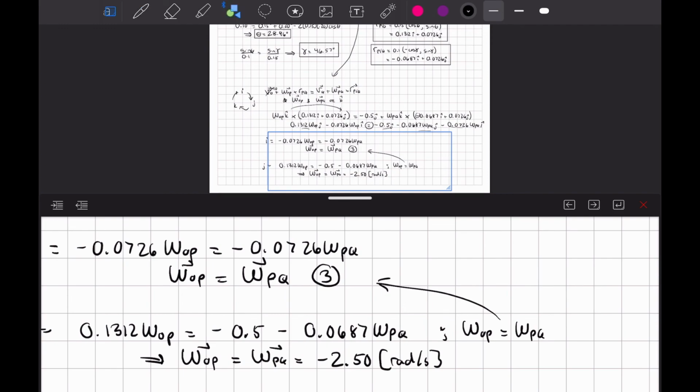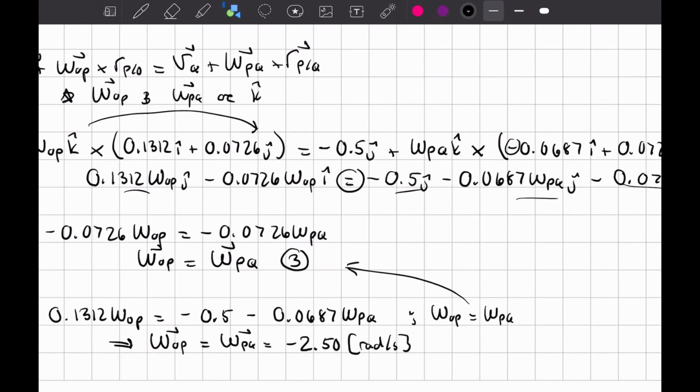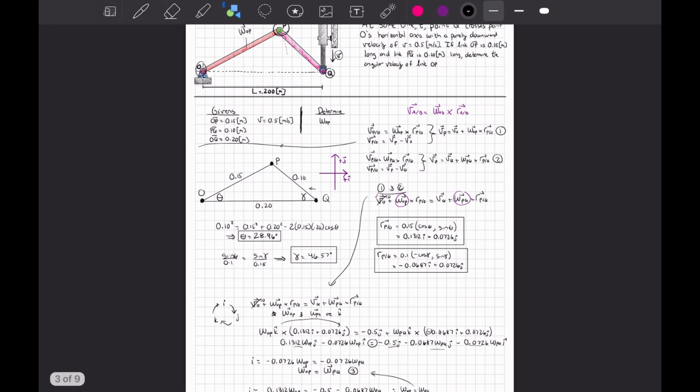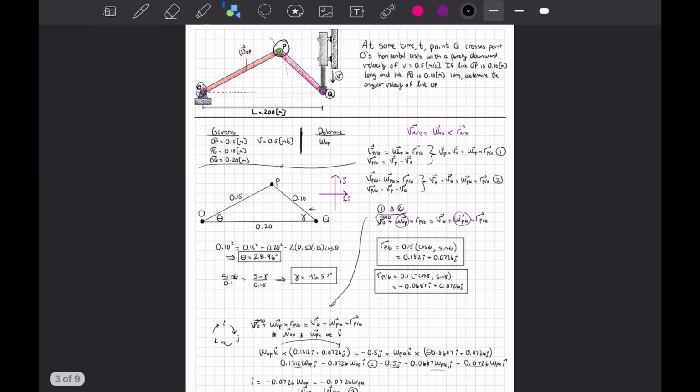Well, that just tells us that because the sign is negative, we actually chose the wrong direction. So it's actually going to be spinning in the negative k-hat direction. But regardless, given that set of equations that we just developed, we were able to determine the angular velocity of link OP, which just so happened to be the angular velocity of link PQ.